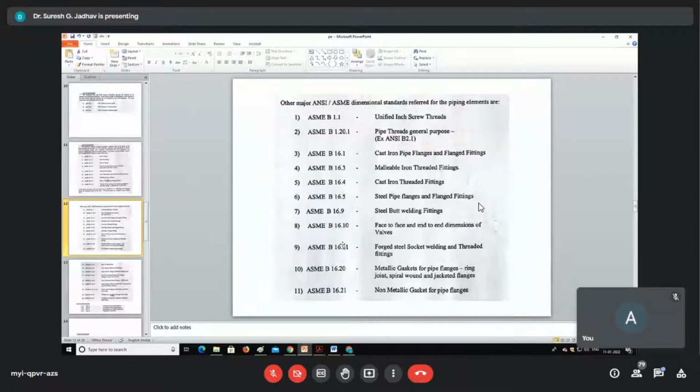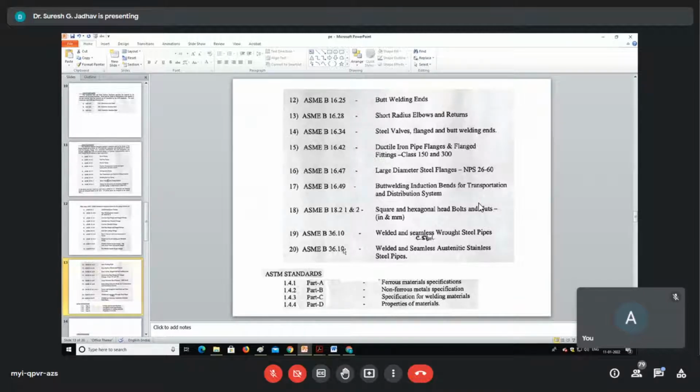While safety is the basic consideration when we consider all different kinds of codes, this factor alone will not necessarily govern the final specifications of any piping. If you consider ASME B16.47, large diameter steel flanges NPS, that is nominal pipe size 26 to 60, or ASME B16.34, that is steel valves, flanged and butt welding ends.